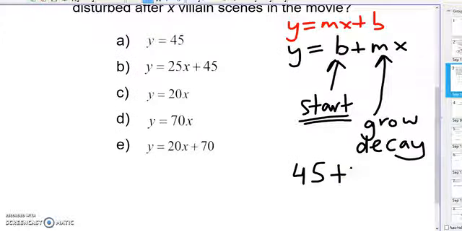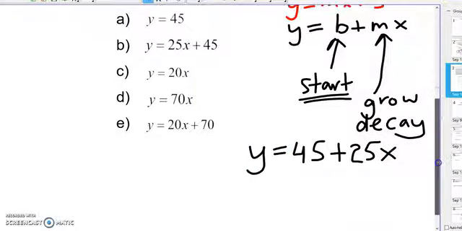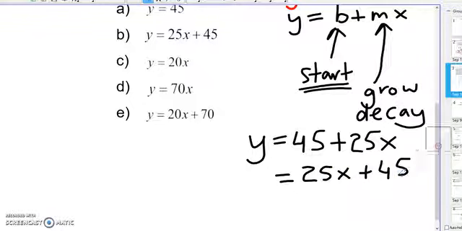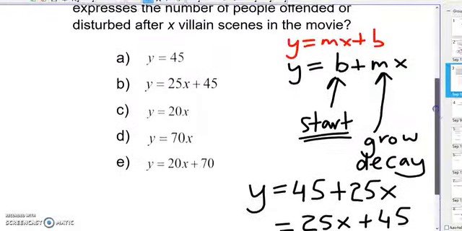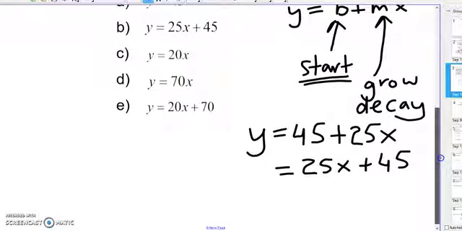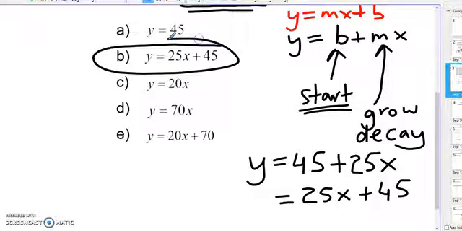So our growth rate is the 25, and we put an x next to it, and we get y equals 45 plus 25 times x, or if we rearrange this into our standard slope-intercept form, we get y equals 25x plus 45. Sometimes in these questions they'll ask, what does the x represent or the y represent? So x represents the villain scenes in the movie, and y is the total number of people offended.